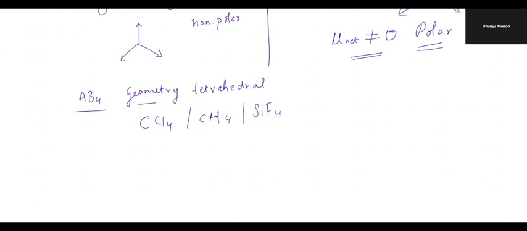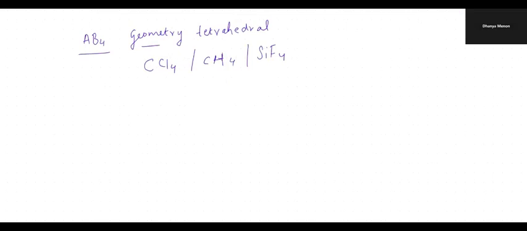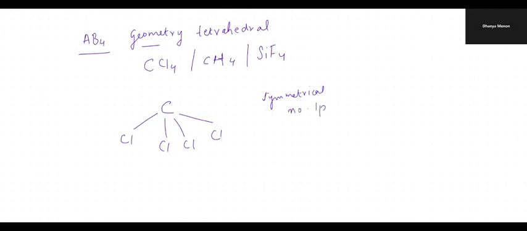If carbon is bonded to 4 chlorine atoms, it is a symmetrical molecule with no lone pair, and surrounded by the same type of atom. So it is non-polar.